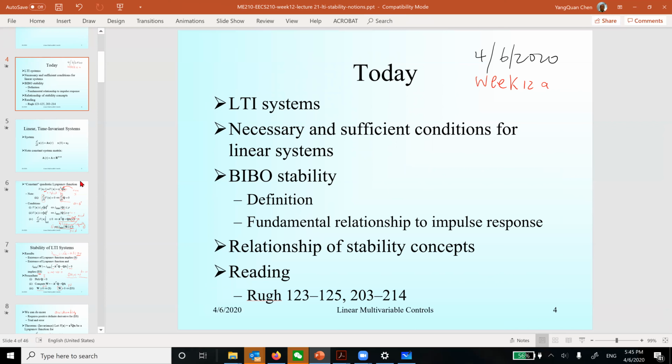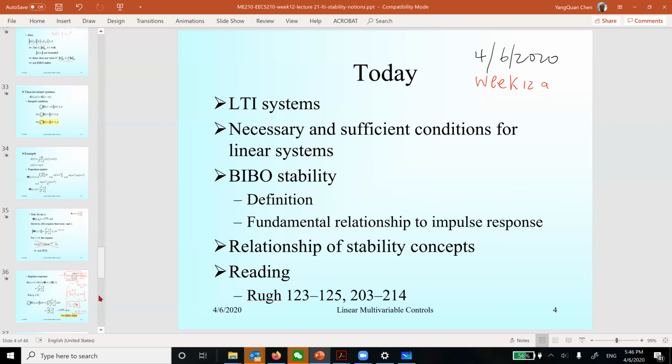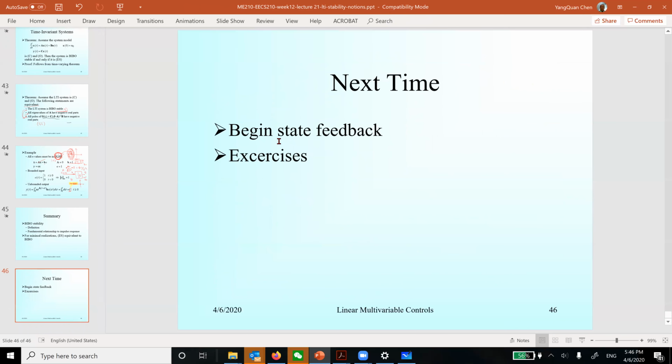Then by introducing the input, you might make the system stable, or satisfy some performance index. So that's actually a very important part of feedback design. Bring the state feedback idea in there.